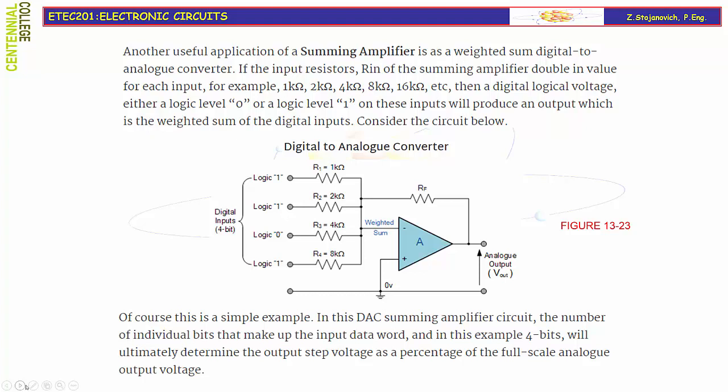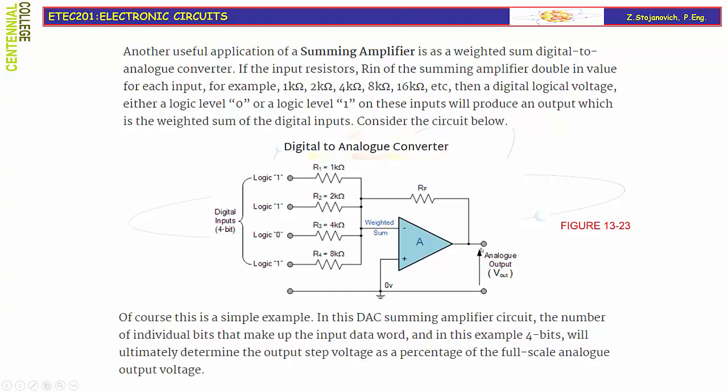Consider the circuit below, which represents a typical digital to analog converter. We have a network of resistors which follow a binary distribution, so R1 is 1K and R4 goes all the way to 8K. In the case of a 4-bit word, they constitute input resistors for the summing amplifier. That means each of those inputs will contribute differently to the output, to the analog value.